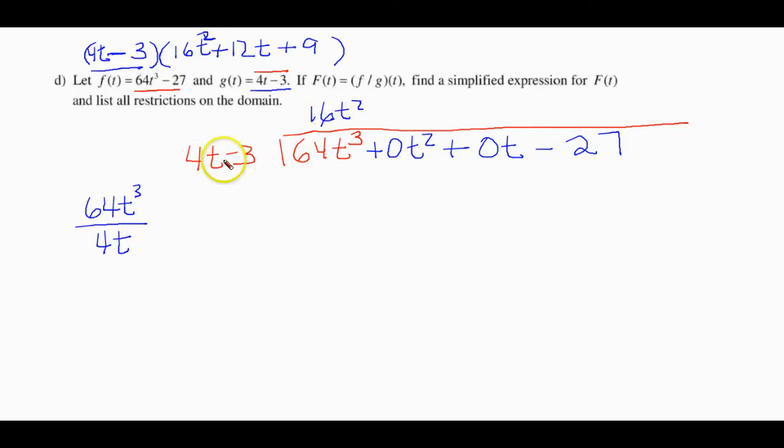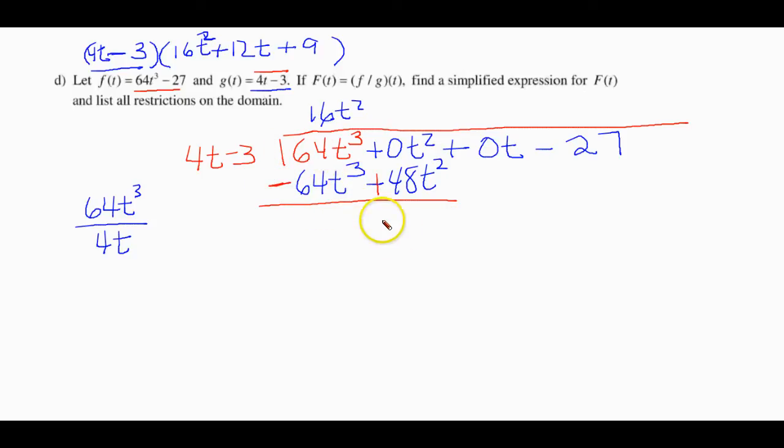Okay, so we go 4t times this is 64t cubed. Now 3 times this is a negative 3 times 16, a negative 48t squared. So we then take our line, and in so doing we have to change both signs.